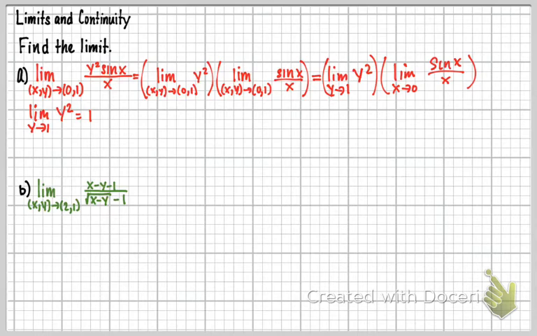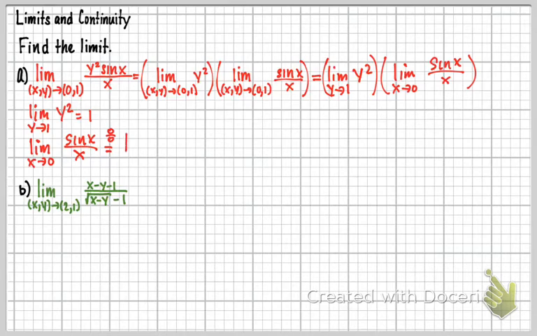So now we're going to do the other limit: the limit as x goes to 0 of the sine of x over x. When we plug it in, just like we did for the top one, I'm going to get sine of 0 over 0, which is 0 over 0, which is grounds for L'Hopital's rule. And I can use it here because I only have one variable instead of two. So this is where it works.